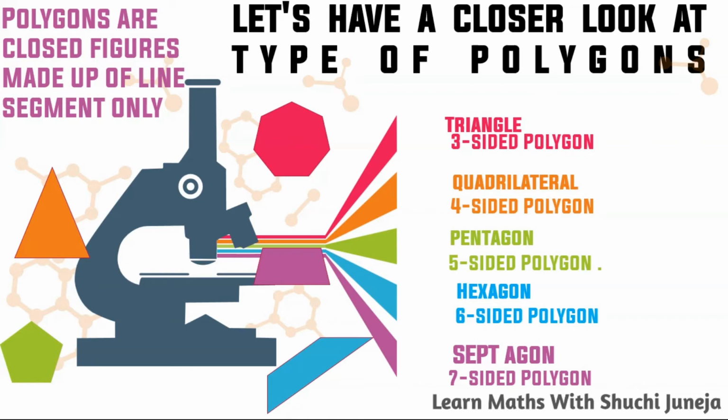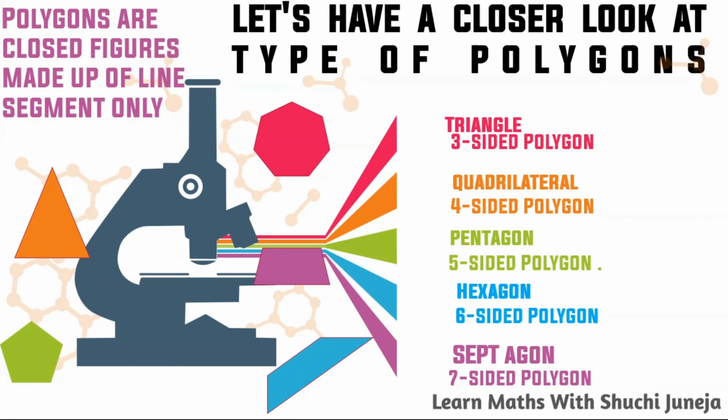While we have other polygons as well, like heptagon, octagon, nonagon, decagon, which are seven-sided, eight-sided, nine-sided and 10-sided polygons, but we need to know their names and continue swimming deeper into the types of polygons.